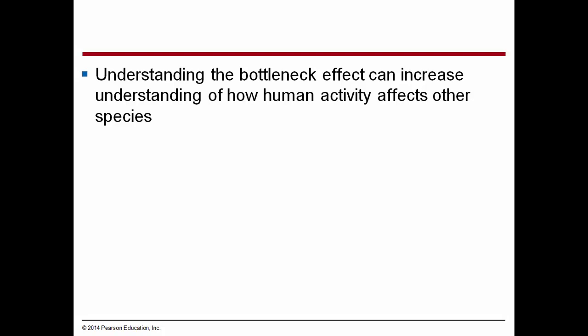Habitat fragmentation is the developing of land into farmland or into cities and towns, areas that are no longer suitable for habitation by the Florida panther. That reduction of habitat can affect the genetic diversity of those species.